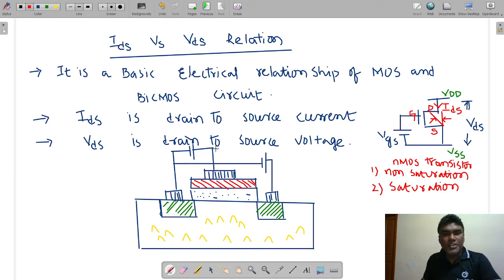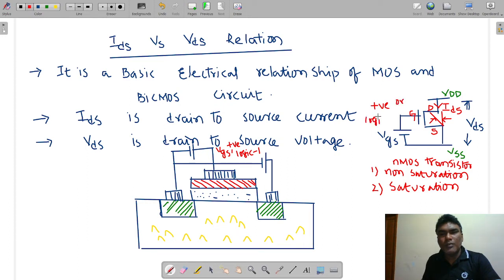When you are applying VGS, it is a positive voltage. Let us say we are applying logic 1, then the channel is established, the path from drain to source. So VGS is positive in NMOS, positive or logic 1 volt.